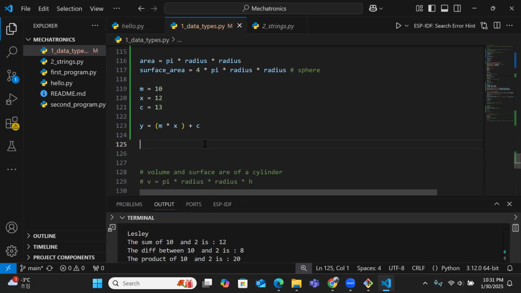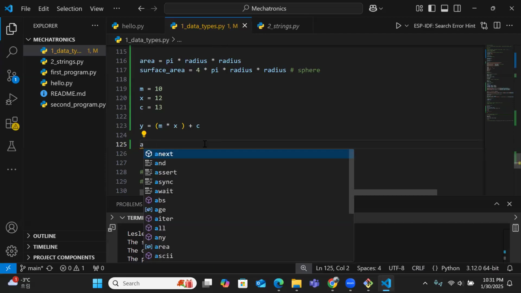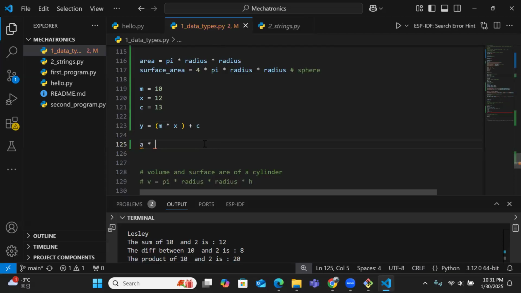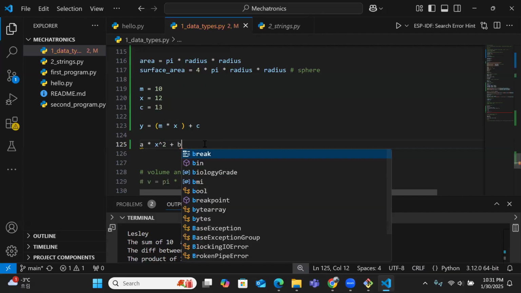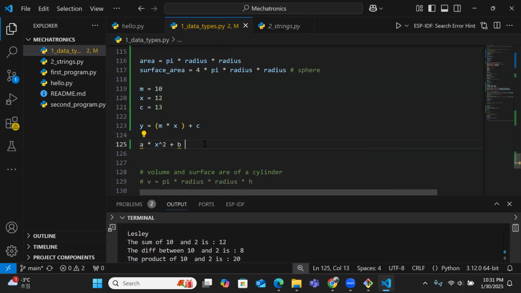You can have a x squared plus bx plus c is equal to y. For your case, you say it is equal to 0. I am used to zero in this case.